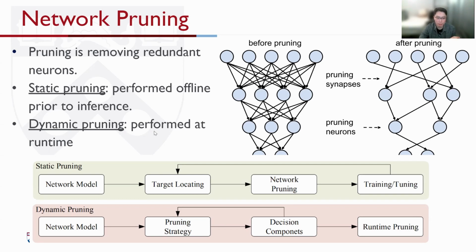There's also dynamic pruning. Dynamic pruning is where we have a live decision component. For example, if this neural network is doing object detection on a rainy day, maybe some neurons are not useful, and this live decision component can detect that.